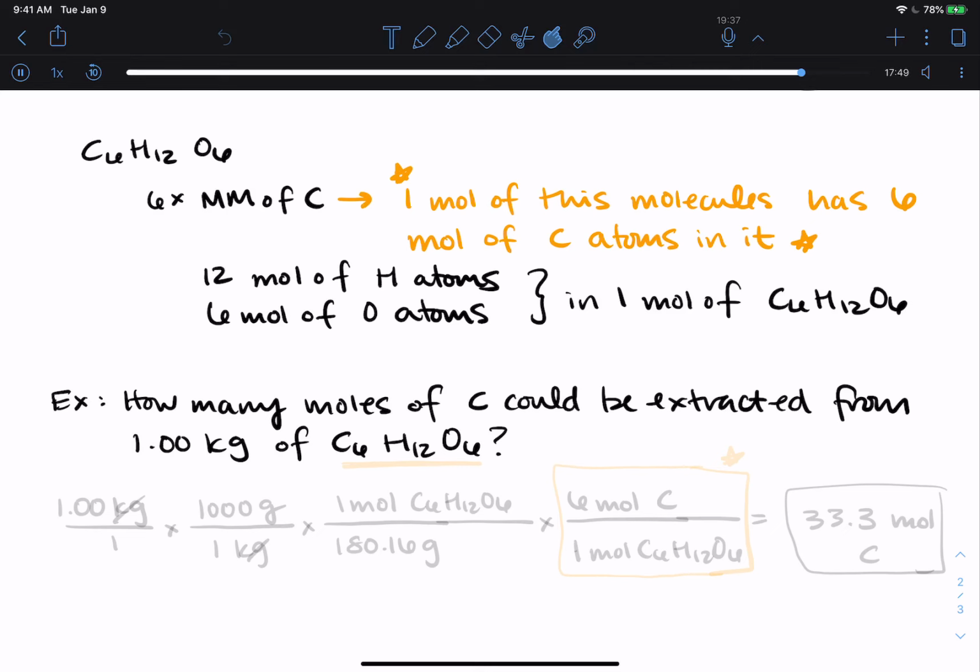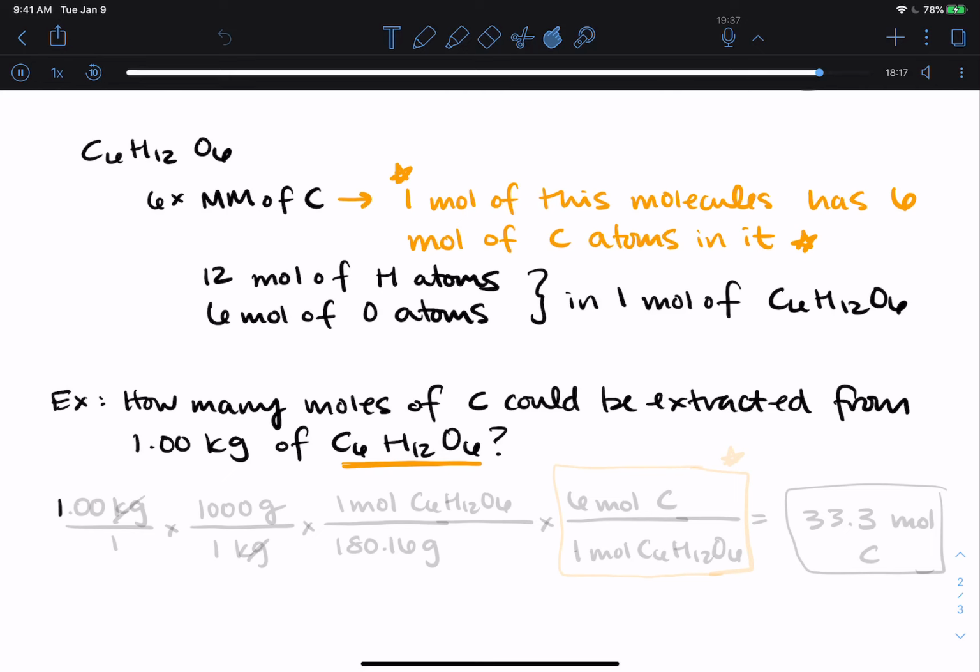I need to somehow get from kilograms of C6H12O6 to moles of carbon. Well, I definitely have to get to moles of C6H12O6. And then I should be able to use this relationship about how many moles of carbon are in there based on the formula of the molecule.